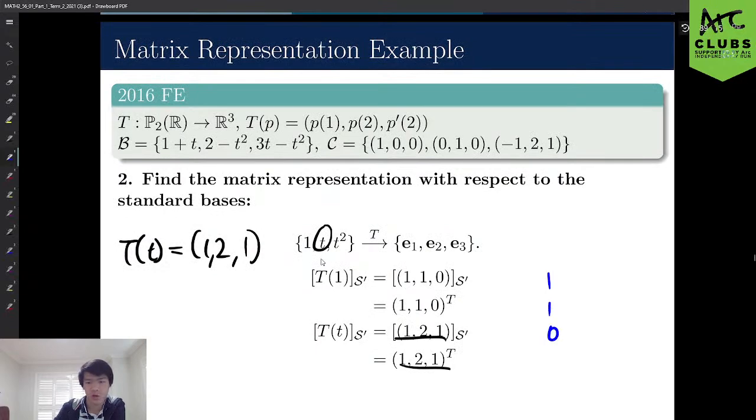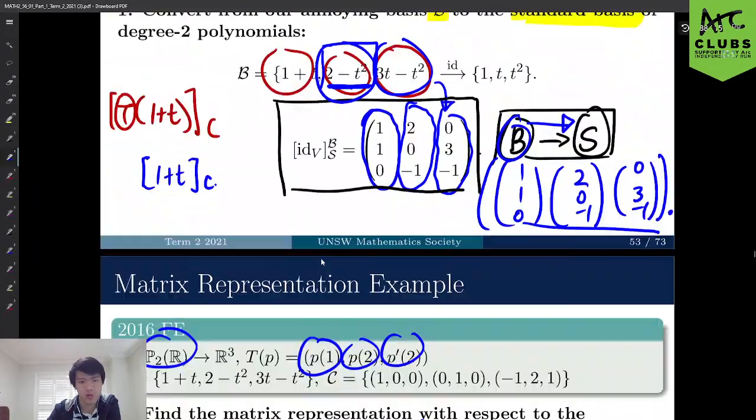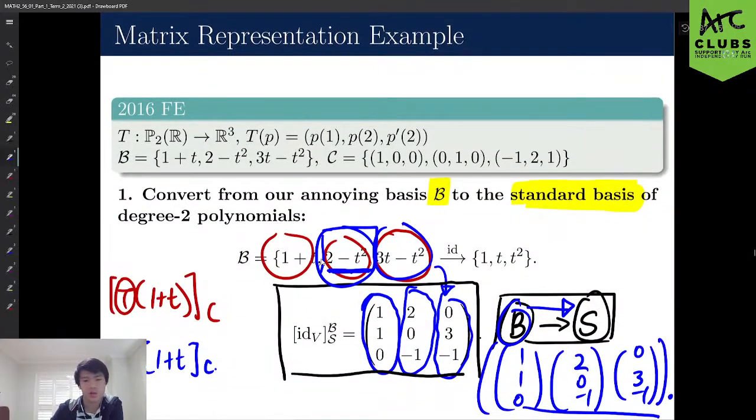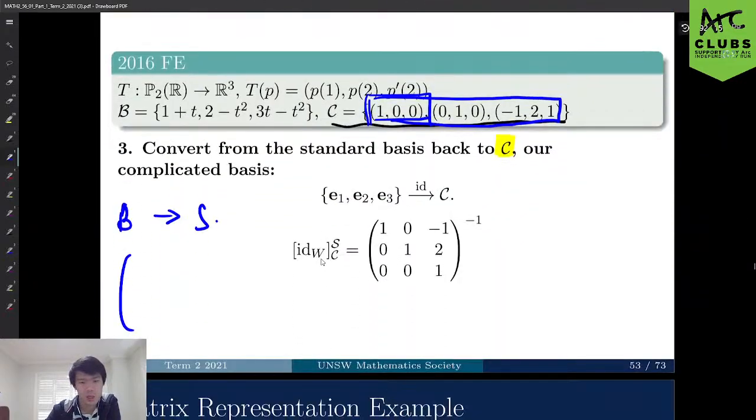We'll get 1, 1, 0, 1, 2, 1, and then we had, sorry, that's the wrong one. We just put our bases down there. So we just put 1 plus t is 1, 1, 0. Same thing with 2 minus t squared. We'll get 2, 0, minus 1, and all the way down. So it turns out that converting from an annoying basis to C is always quite simple.